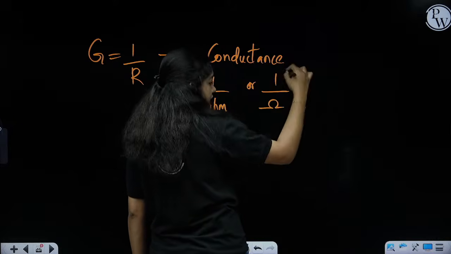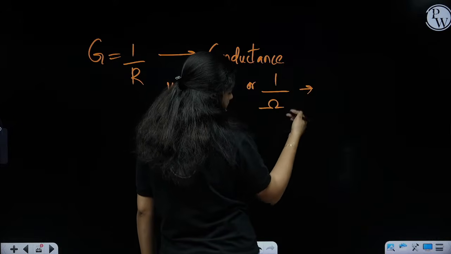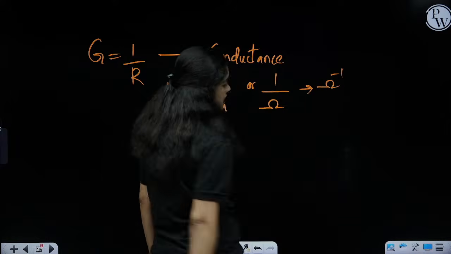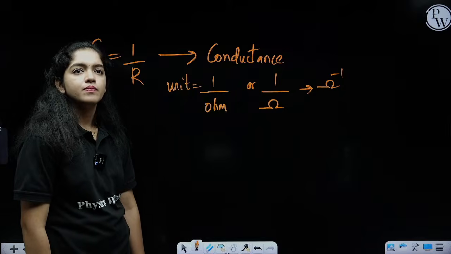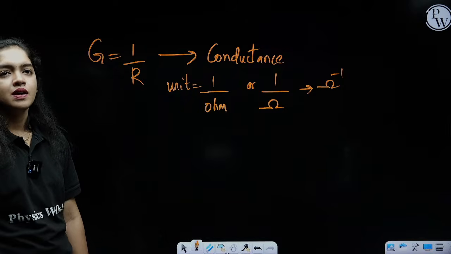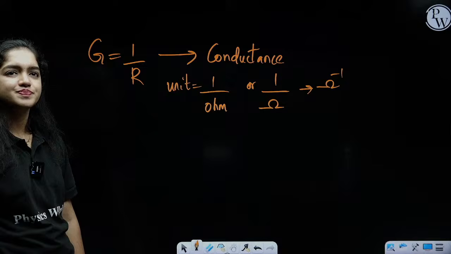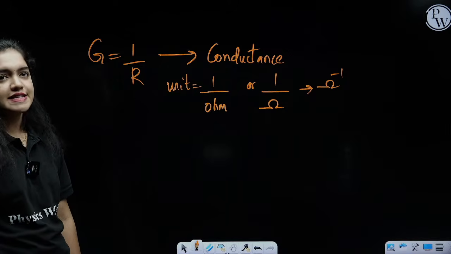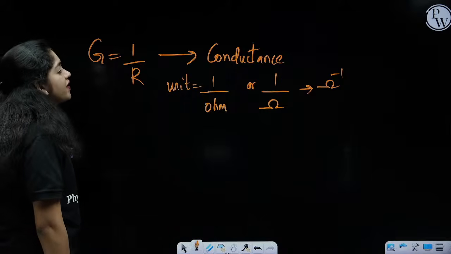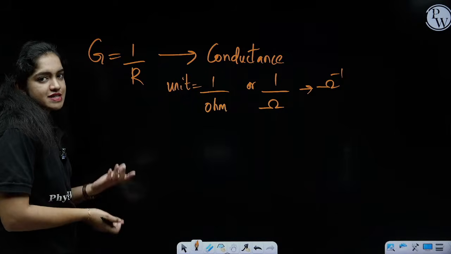When we take the denominator to the numerator, it becomes ohm raised to minus 1, or ohm inverse, the unit of conductance G.